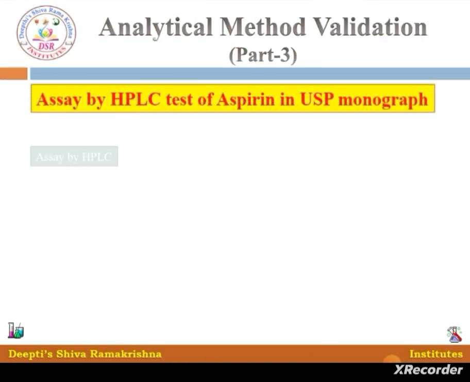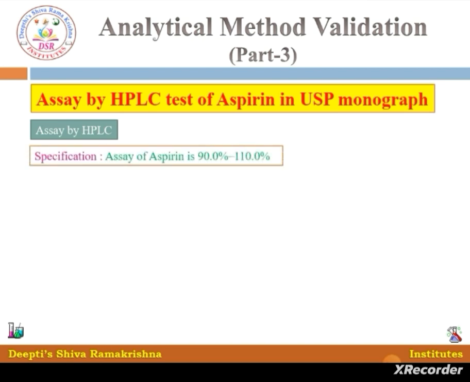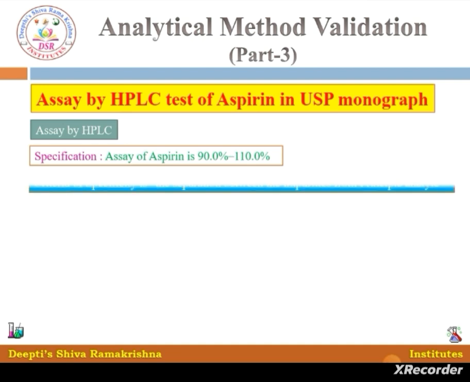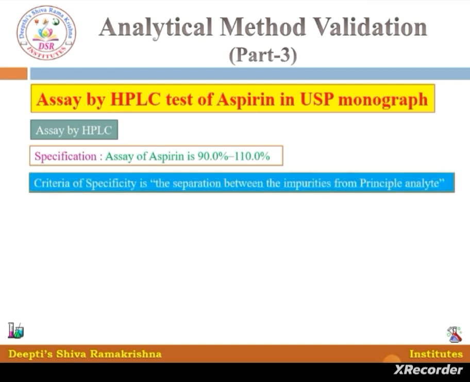Coming to the next test, assay by HPLC. As per the monograph, the assay by HPLC limit is given as assay of aspirin 90% to 110%. During this validation, we need to perform the specificity by using salicylic acid and aspirin.